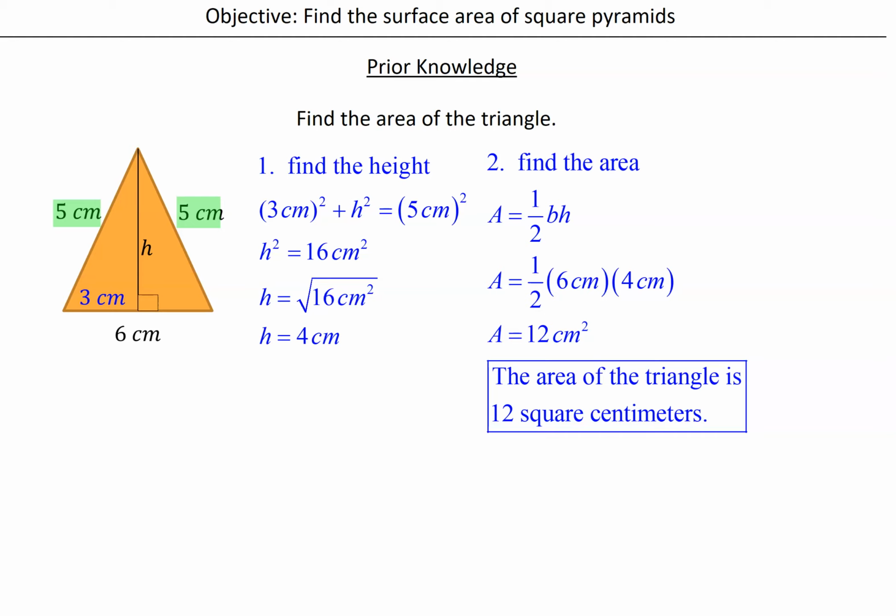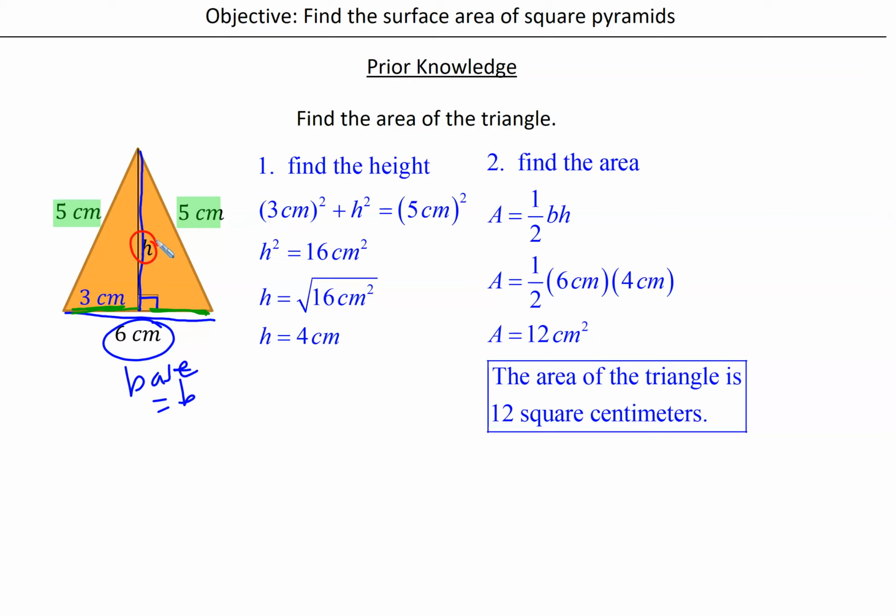And looking at it where this would be our height perpendicular to the base, so this is our base B, that height, which is sometimes referred to as the altitude, will bisect the base. So that means that if the base is 6 centimeters, then each side of it would have to be 3 centimeters.